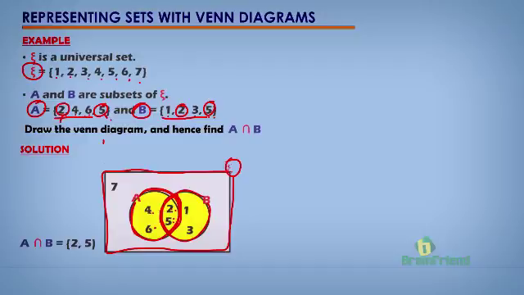We already have 2 and 5 as our intersection. The other elements left are 1 and 3, so we write them down within the boundaries of our set B. If we also took a careful look at our set B only, we'll also see that we've listed all our elements 1, 2, 3, and 5.